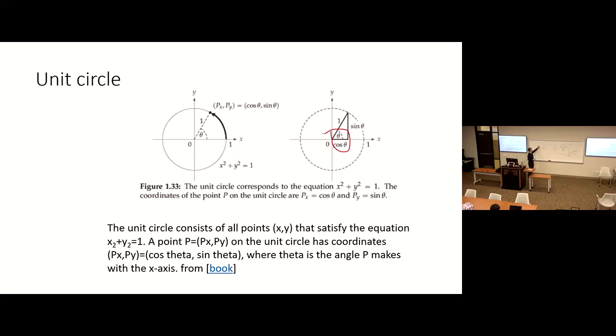So why is it useful? It will tell you the direction. If you do an operation using this on your data point, it will not change the scale, not change the magnitude of your data point, because your data point is also a vector. So if I multiply my vector from the unit circle with your vector, I only change your direction, not your magnitude.